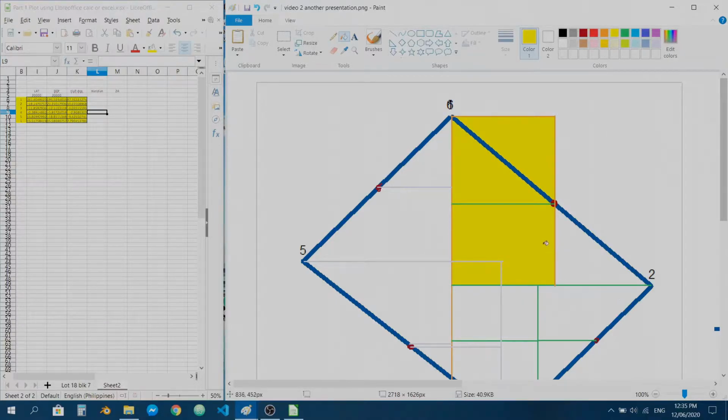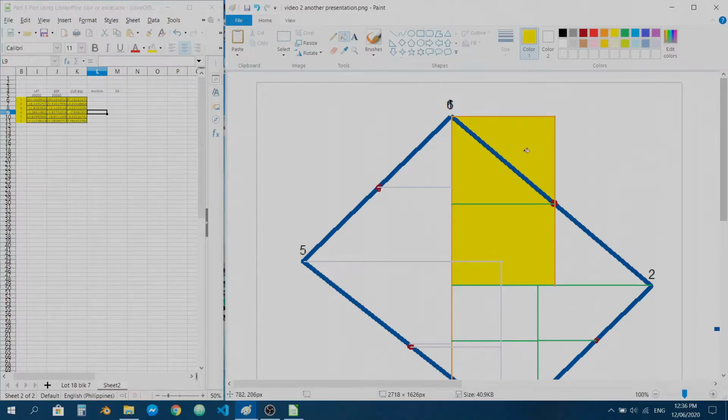So for presentation purposes, by multiplying our meridian by its latitude, we were able to include this portion in computing for the area.